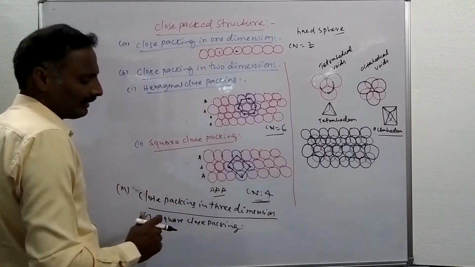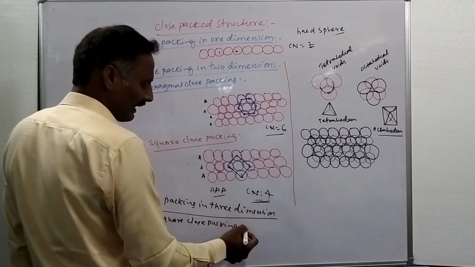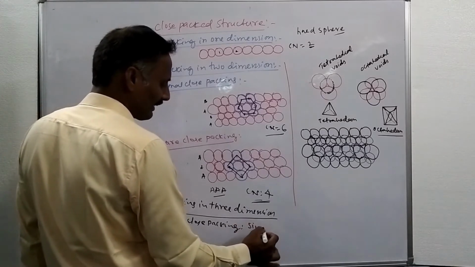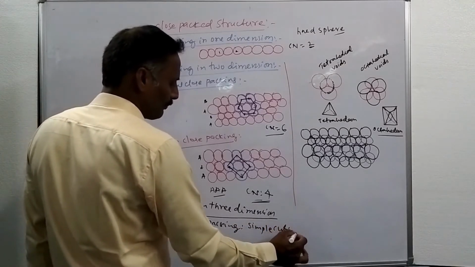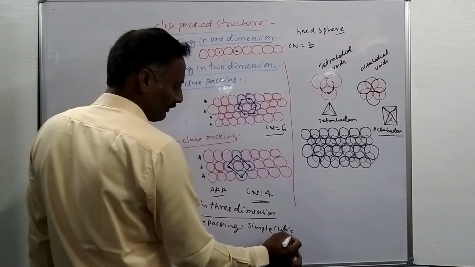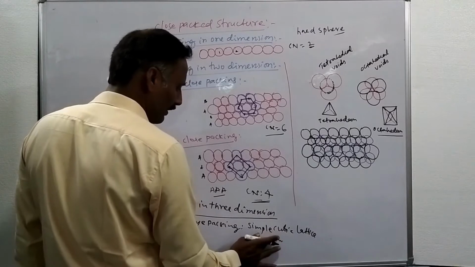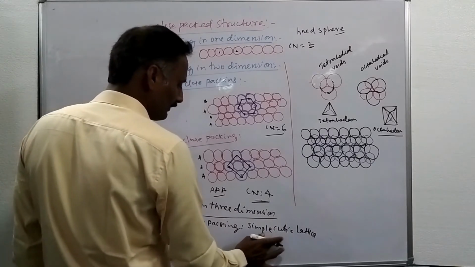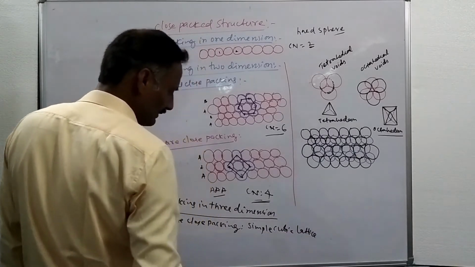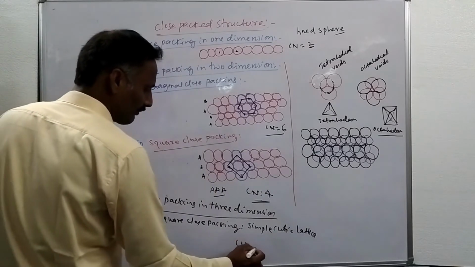Then we get a crystal lattice, called a simple cubic lattice. In this simple cubic lattice, each center particle is shared by 6 neighboring particles. That's why the coordination number is equal to 6.